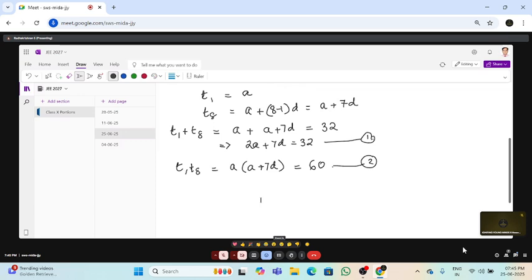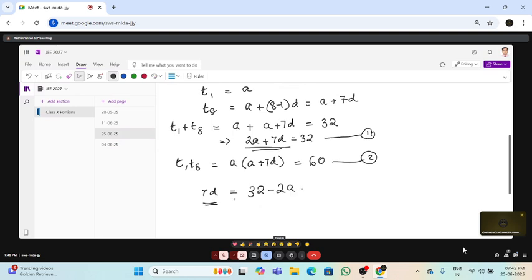Therefore, T1, T8 equal to A into A plus 7D. So instead of 7D, we can put 32 minus 2A. So I'm simply doing a substitution.